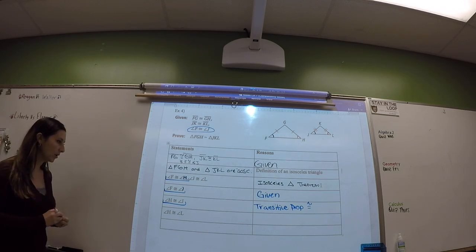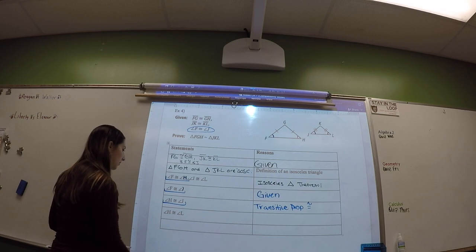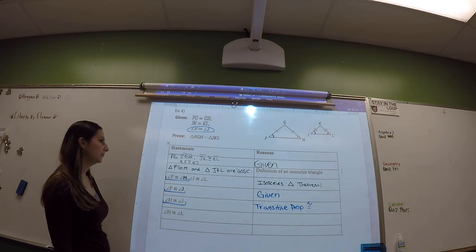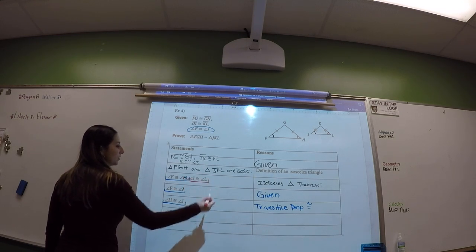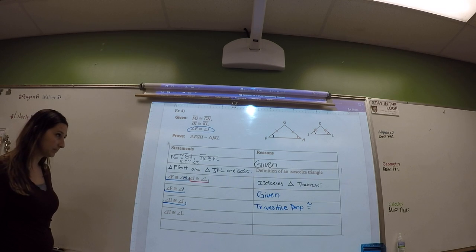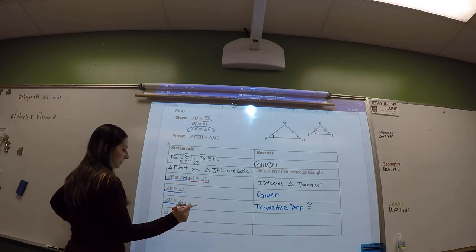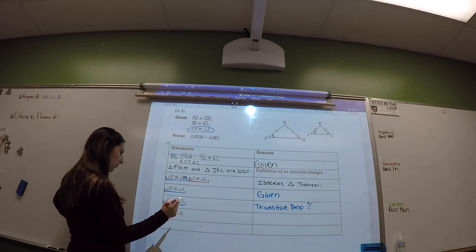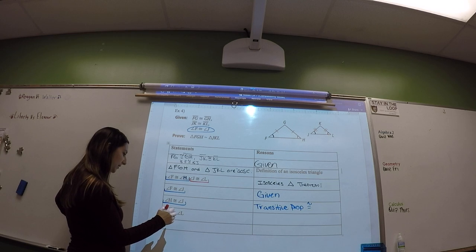There's another little bridge here. So J is congruent to L by the isosceles triangle theorem. And then, hang on, I'm trying to figure out which bridge I'm going.